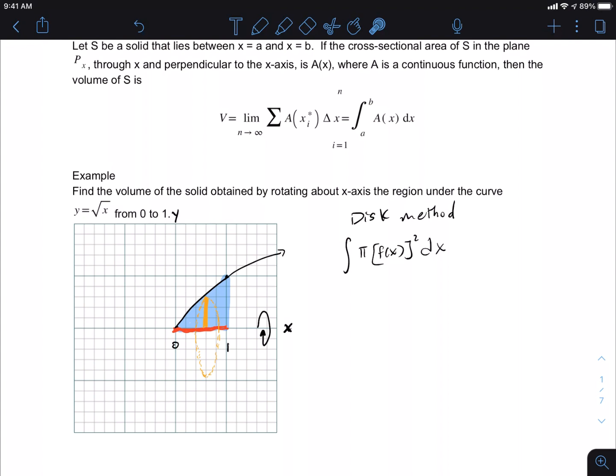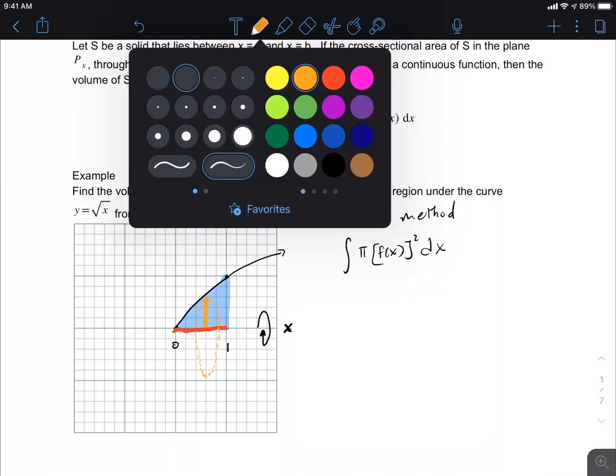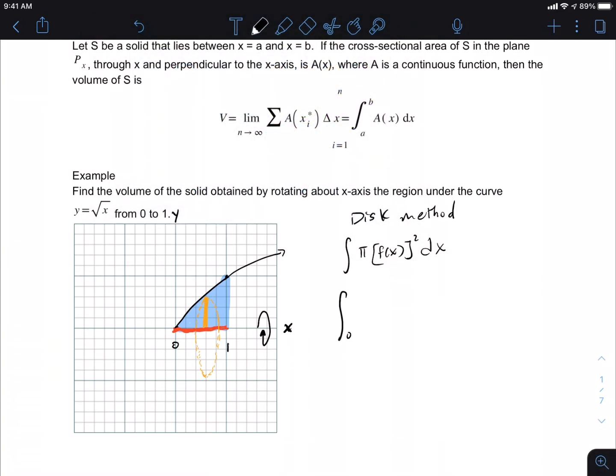So here's the thing that's cool about this. In this problem that we have, I'm going to go back to black. I'm going to go from 0 to 1, because that's what they're asking for, of pi. Now, what's the height of my slice that I did?